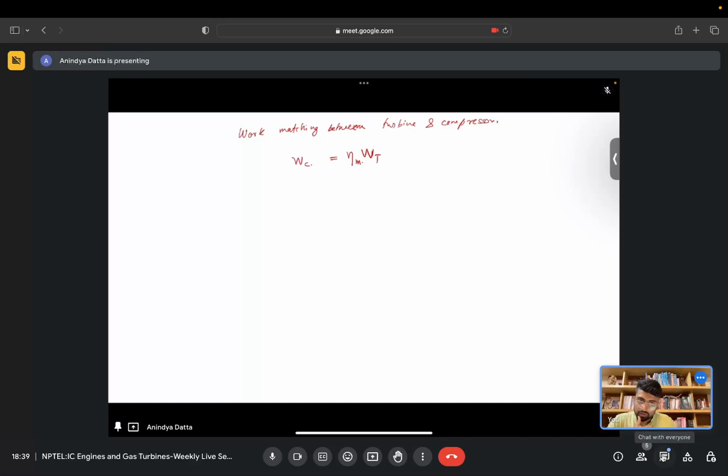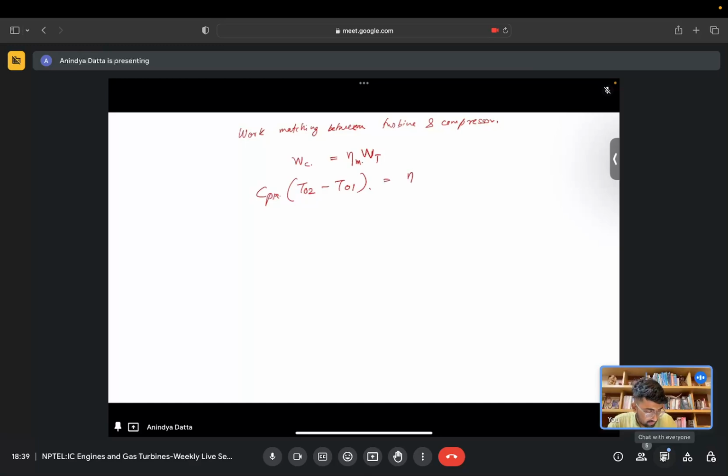Now what is the expression for work in our compressor? That is Cp of air times the temperature difference, T02 minus T01, right?